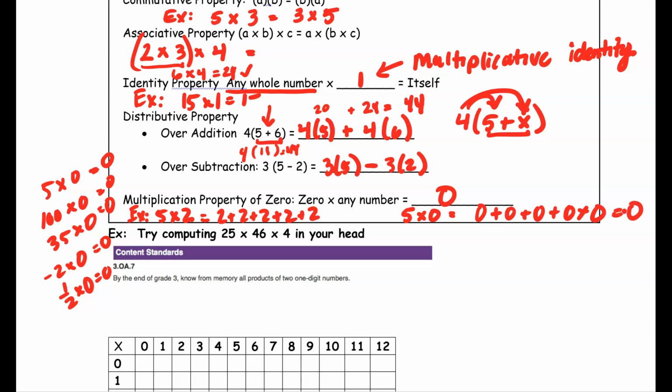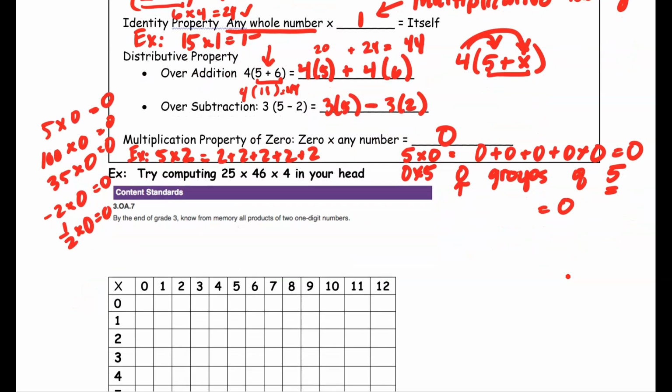That gives me nothing. Or you could think of it the other way, where you have 0 groups of 5. Well, who cares if 5 is what's in the group? If you don't have any groups, then you're going to end up with 0. So either way, you end up with 0.